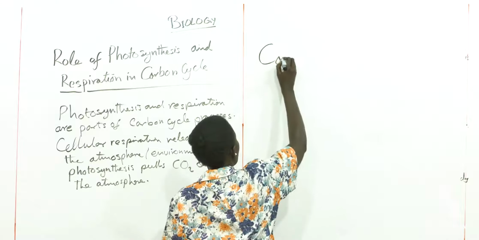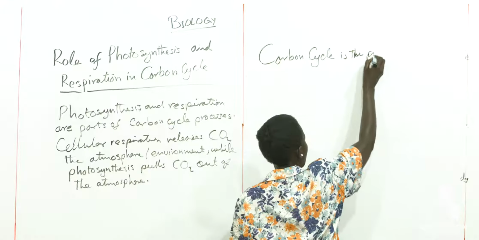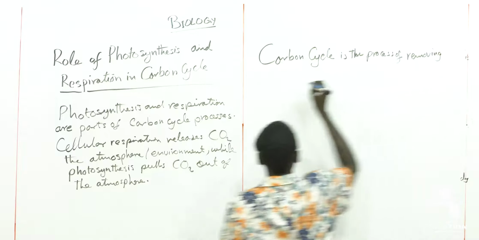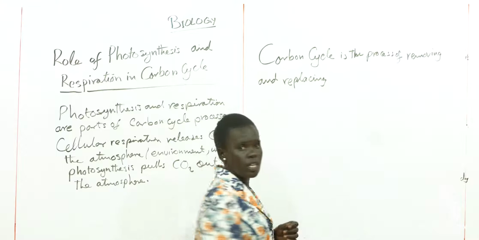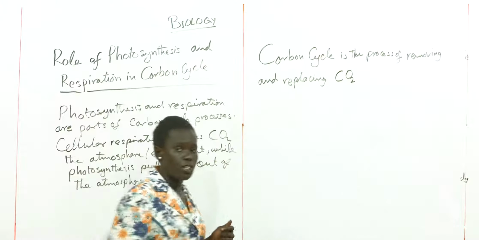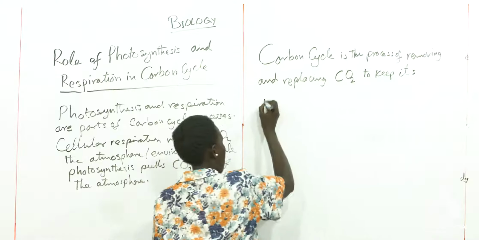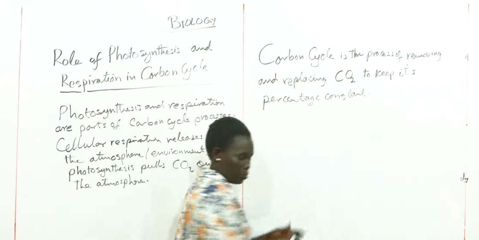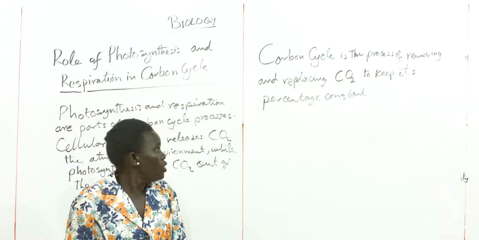Carbon cycle is the process of removing and replacing carbon dioxide in the atmosphere to keep its percentage constant.